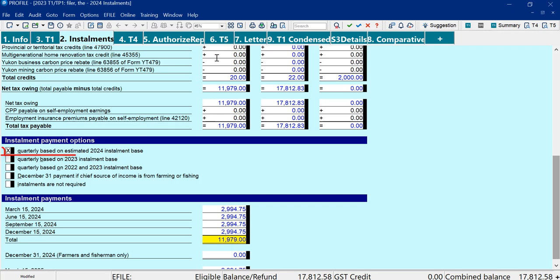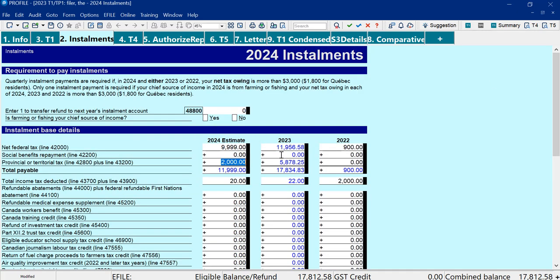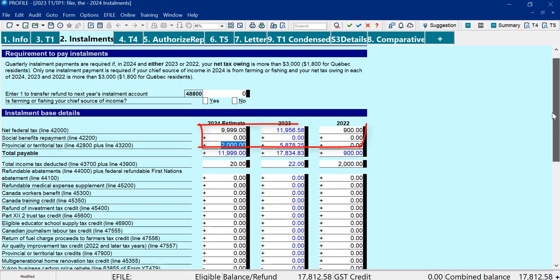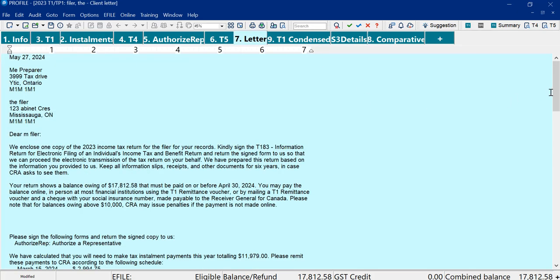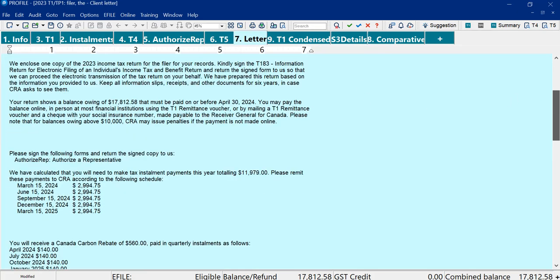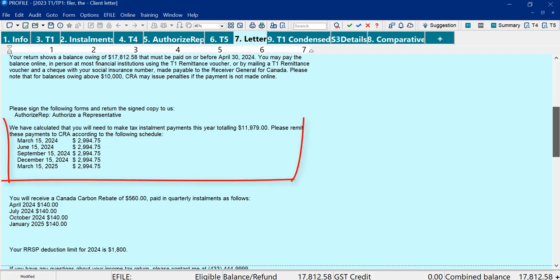So depending on how you fill out the top part, the columns for 2022, 23, and 24, you'll get different calculations. I've got this calculation now of installments, and if I go to the letter, it's there. So you can either say I don't want installments on the page, or you can fill in the columns and get a different calculation for installments on the letter.